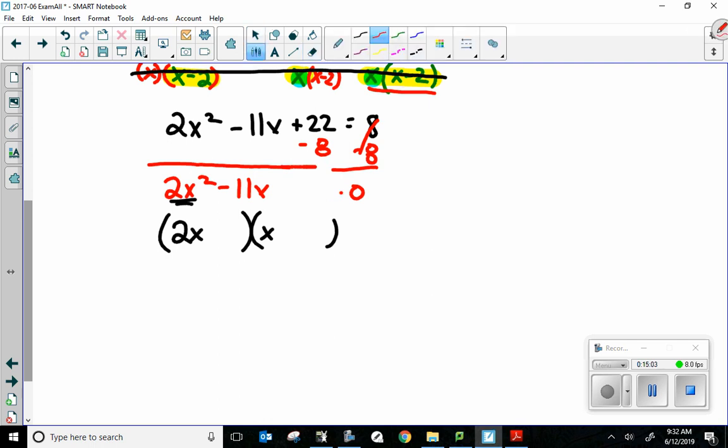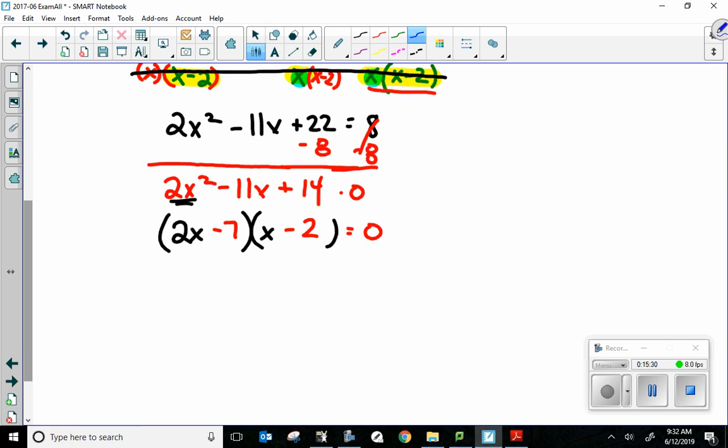Math teacher didn't know math. Plus 14. I know it's really 1 and 14 or 2 times 7. 7 gives me 11, 4 and 7, so here it goes. I have a 2x minus 7 and an x minus 2 equals 0.